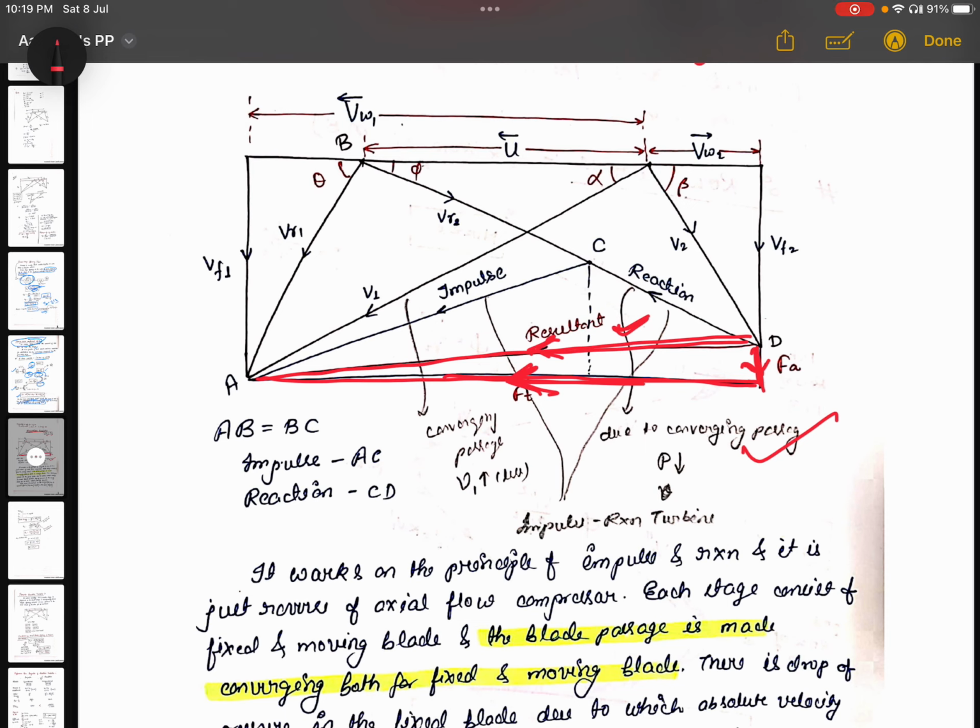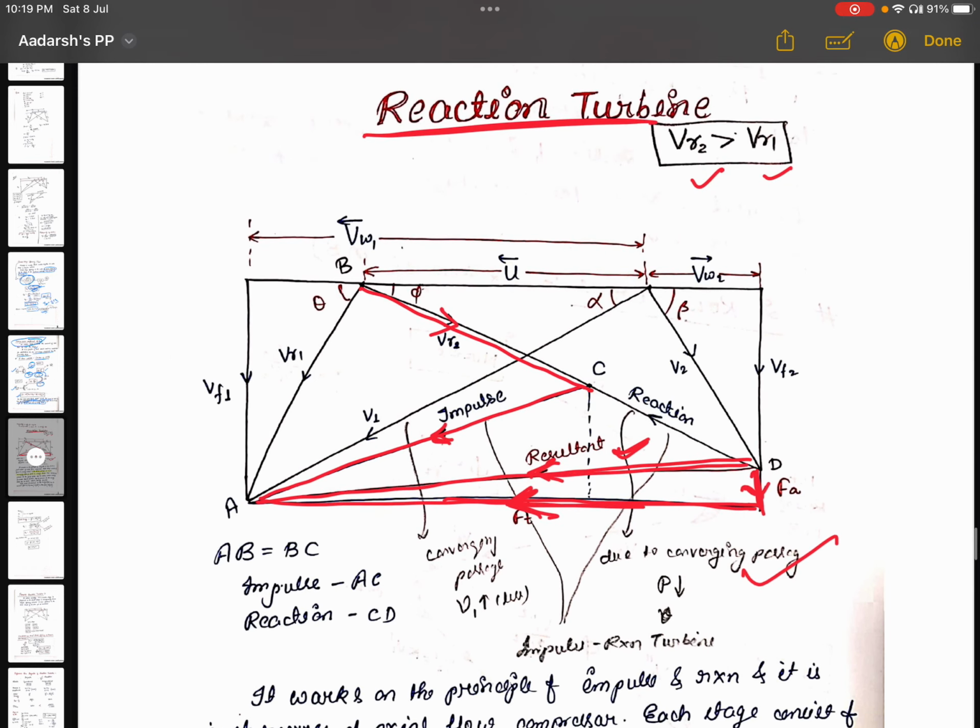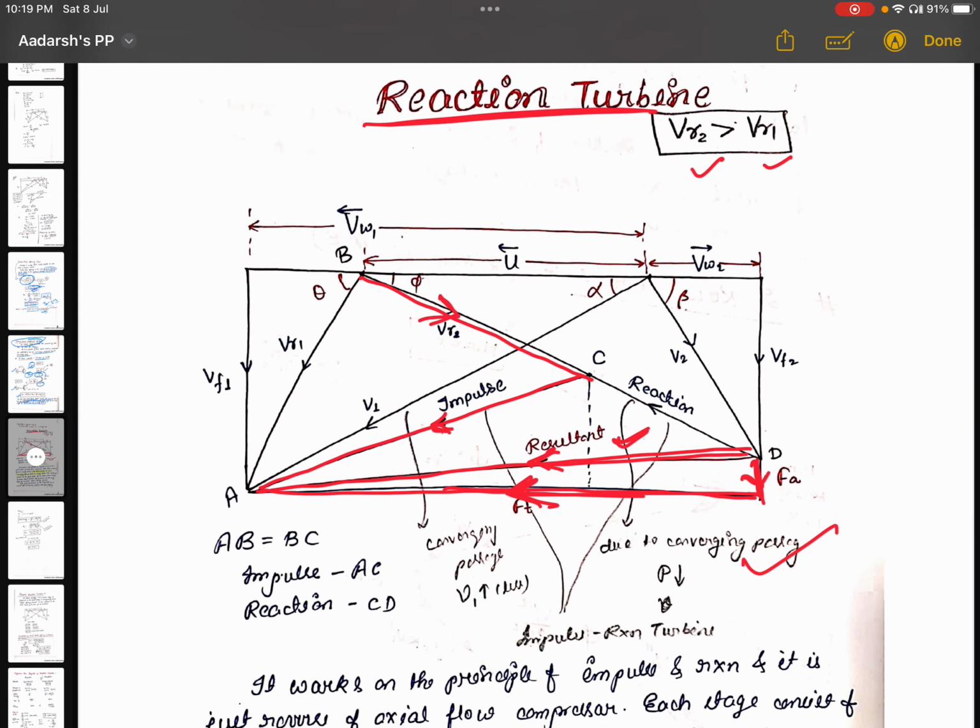What we are seeing here is that it is showing one more line, which is called impulse. This is the impulse effect. The impulse effect comes to a point like VR2 comes from this to this. VR2 is more here; the relative velocity is more.